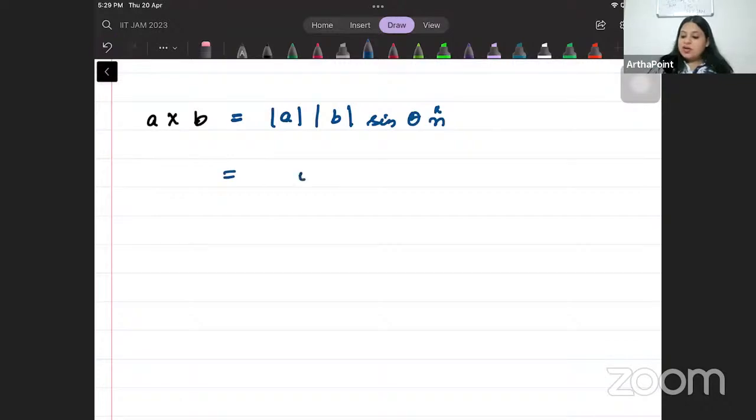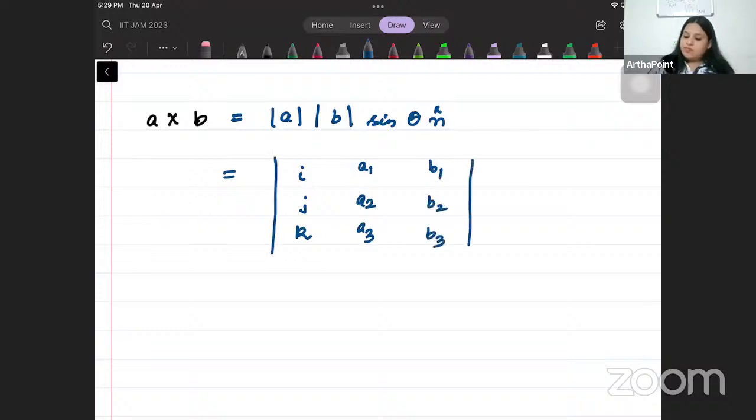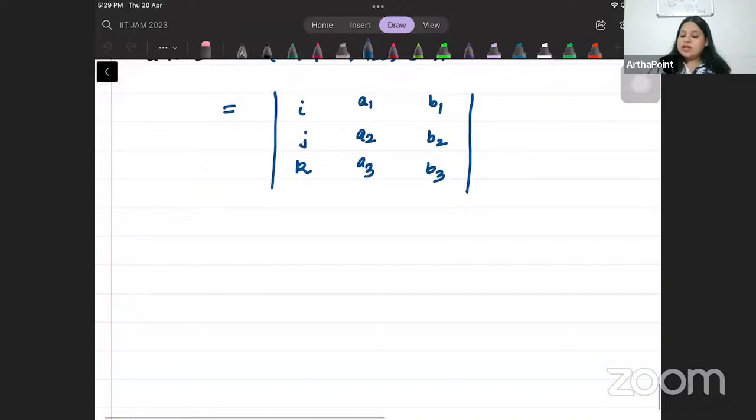So vector, right? So it becomes i, j, k, and then A1, A2, A3, and then B1, B2, B3. Obviously you can find this determinant also.